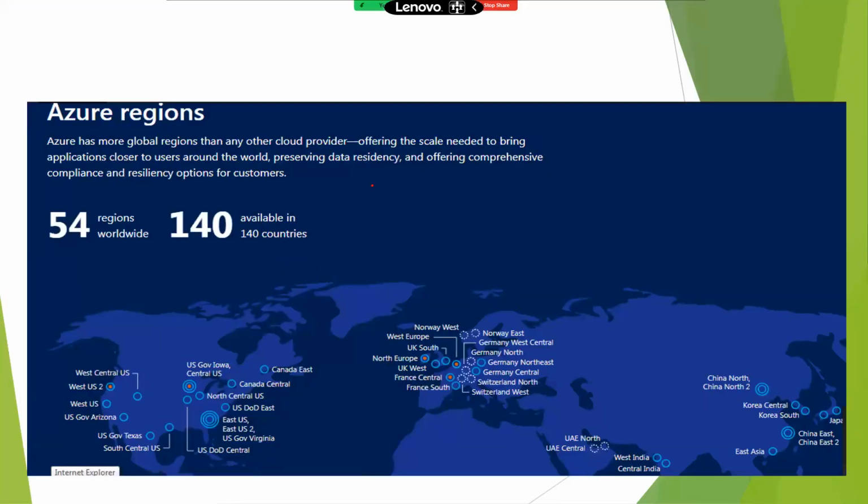If you look at this location, it offers the scale needed to bring your application closer to customers. Bringing your application closer to customers means we are bringing our services near the customer's doorstep. Nowadays everything in the market comes to your doorstep.